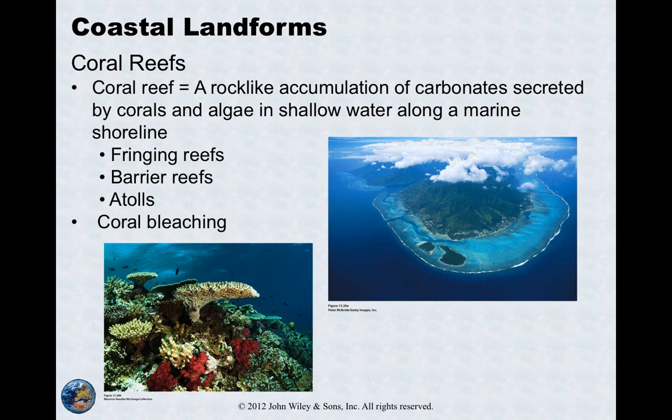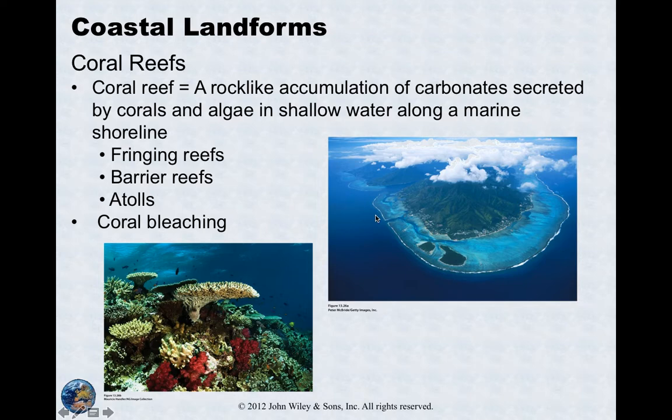So we have a couple different coral reefs. We have a fringing reef. That's a reef that's going to be attached to an island or to the land. So you might see a fringing reef just hanging off of, attached to an island or to a continent. A barrier reef is one that's going to be parallel to the coast.